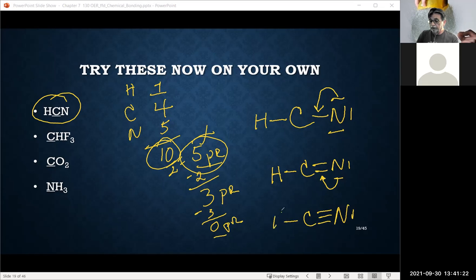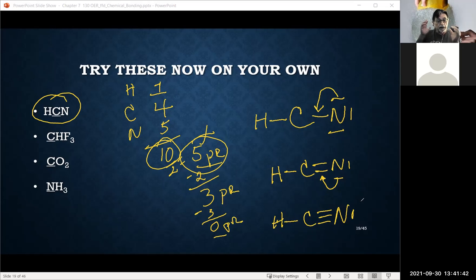Okay. Now, before I go any further, count the number of bonds around all the molecules. I still got one on hydrogen. Now I got 1, 2, 3, 4, 5. I still have 5 pair. I did not create anything.